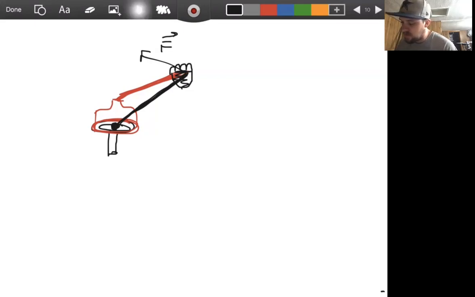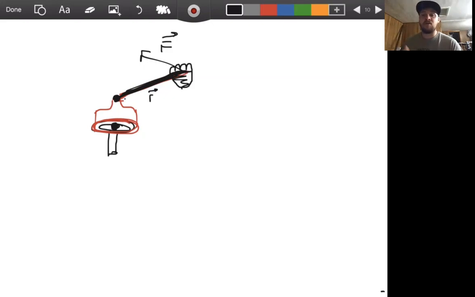So let's just consider the center of our object at the top of the socket here, and the handle of the wrench here. This is our position vector, which we'll denote by lowercase r.